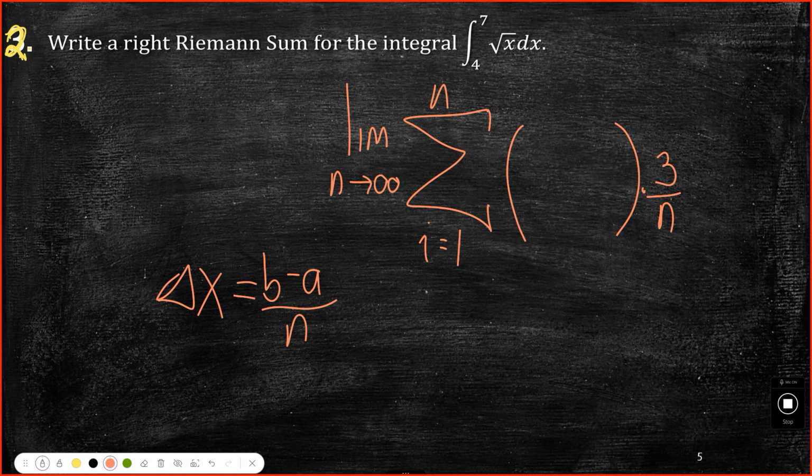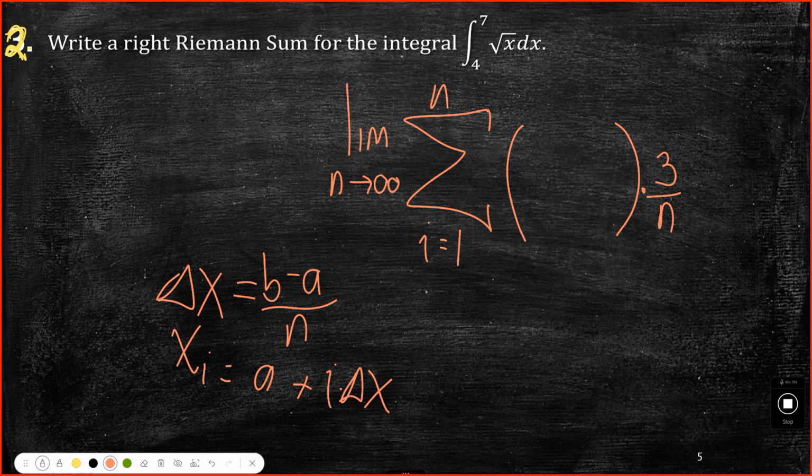The height will be, because you multiply the width times the height, we gotta get that starting point. What was that formula about x i? x i is a plus i times change in x. Yeah.